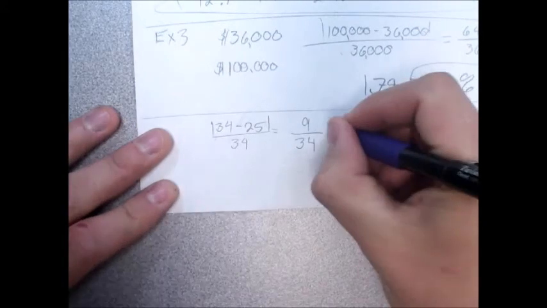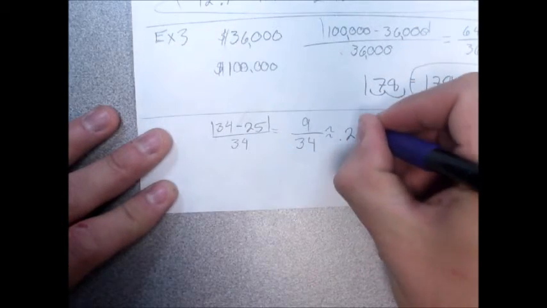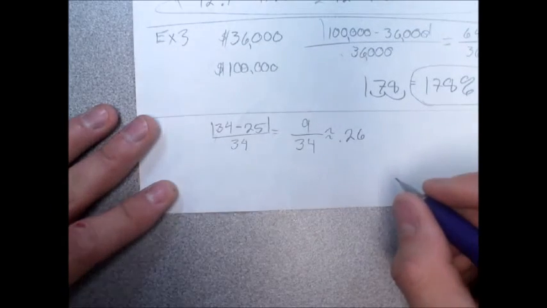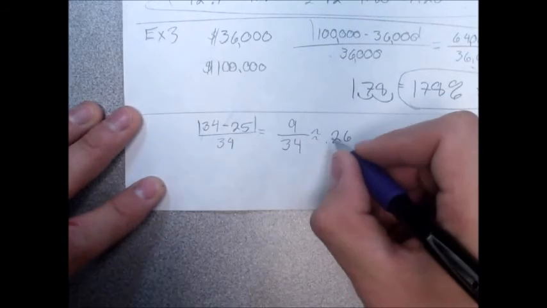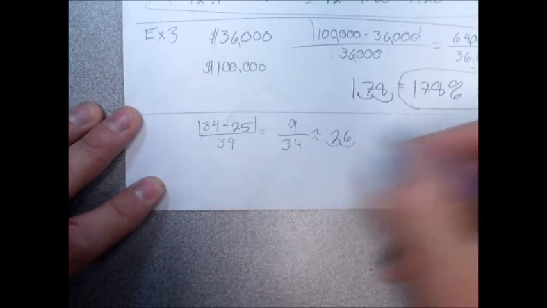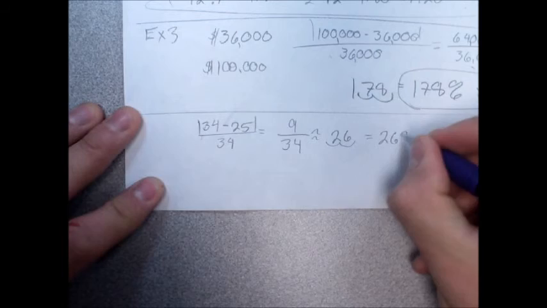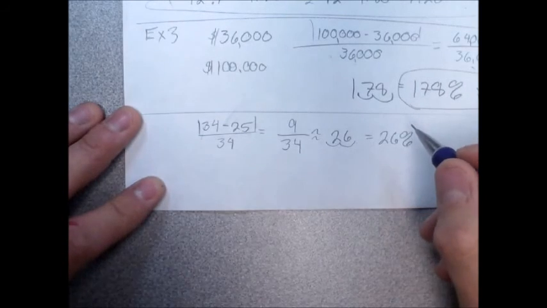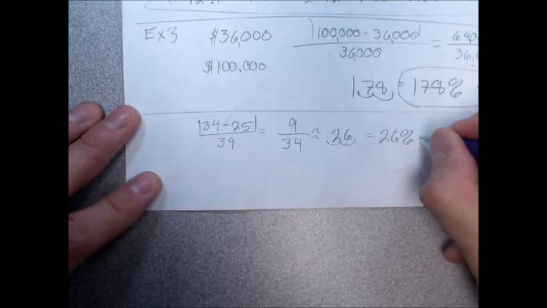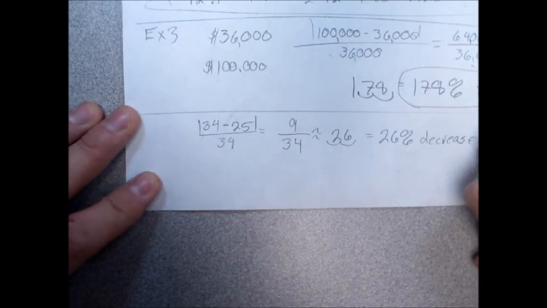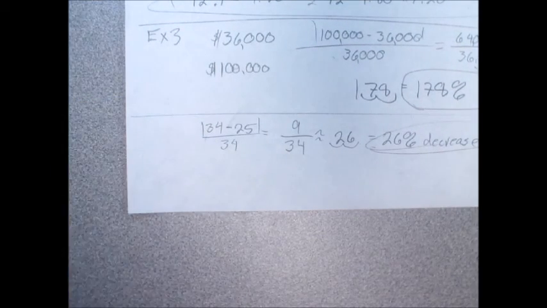So it's approximately 0.26. I expect to see these when you're rounding. Okay, those are approximate symbols. So I need to convert this to a percent. I convert it by moving 2 decimal places to the right. I get 26% as my decrease. So percent decrease. So we went down a lot. Questions?